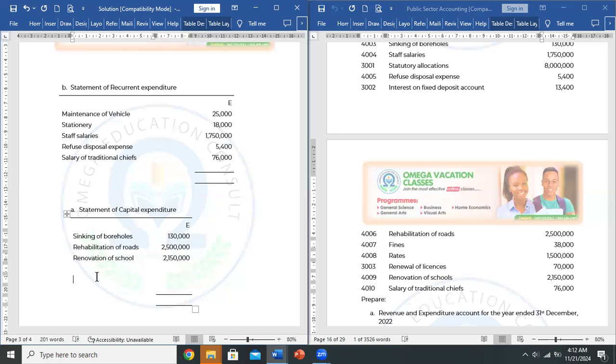So if you buy an asset, let's say you buy a car, before you can use the car, you need to go and register it with the DVLA. That registration fees should form part of the cost of the asset, and for that matter, will be part of the capital expenditure. Okay, so things like licensing, installation cost, testing cost, these are costs you incur to get the asset ready for use, and they form part of the cost of the asset, which is a capital expenditure.